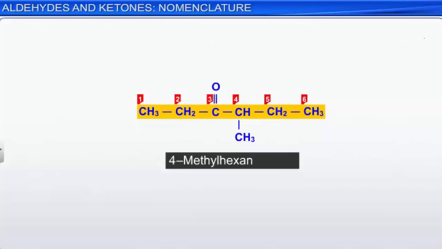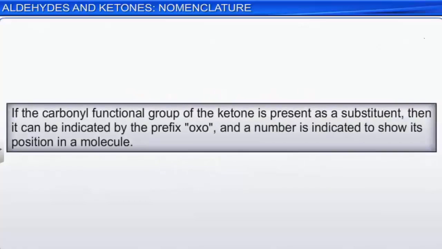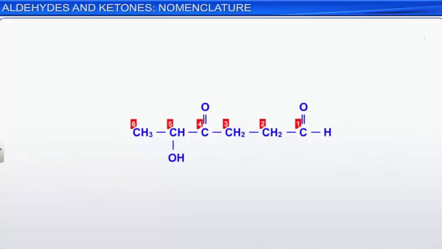In certain polyfunctional compounds, if the carbonyl functional group of the ketone is present as a substituent, then it can be indicated by the prefix oxo, and a number is indicated to show its position in a molecule. The example here contains three functional groups: hydroxyl, aldehyde, and ketone.